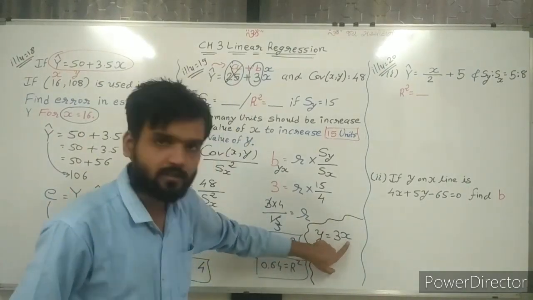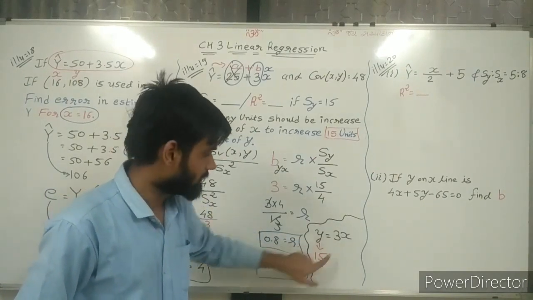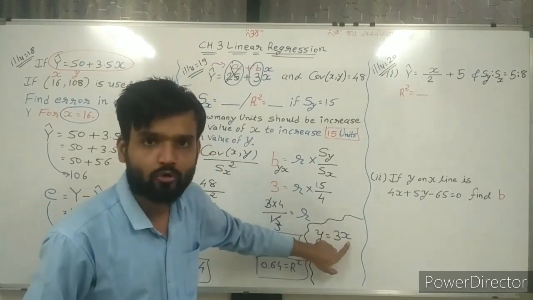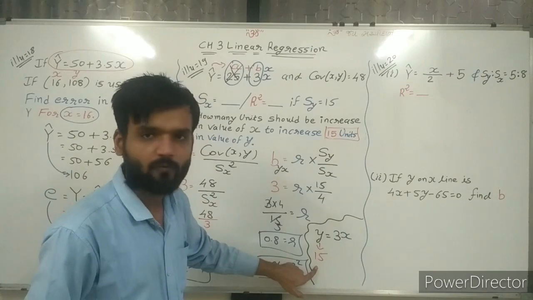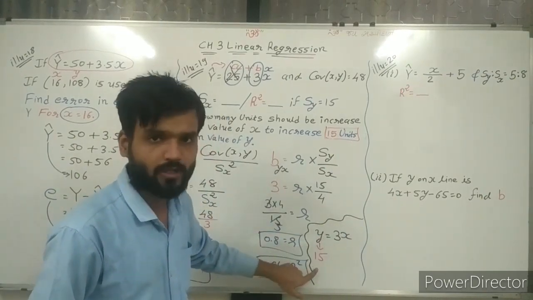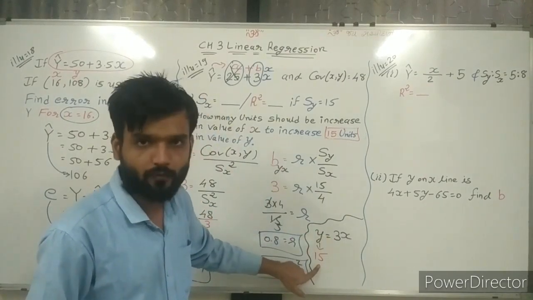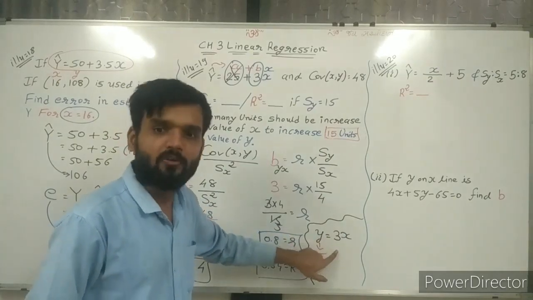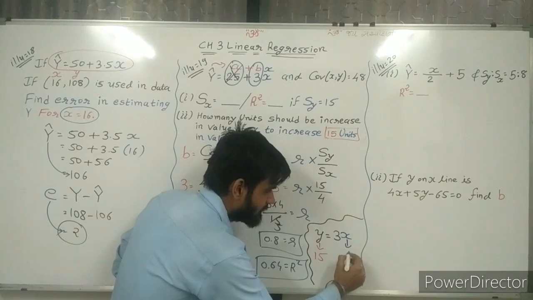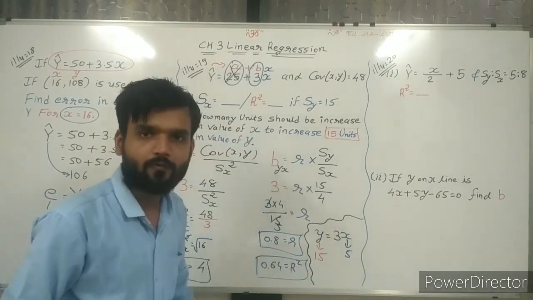If I write 1, then 1 3s are 3, it is not 15. If I write 2, 2 3s are 6, not 15. 3 3s are 9, not 15. Place 4, 4 3s are 12, not 15. 5, 5 3s are 15. Yes sir, if I place the value of x as 5, then 5 3s are 15.